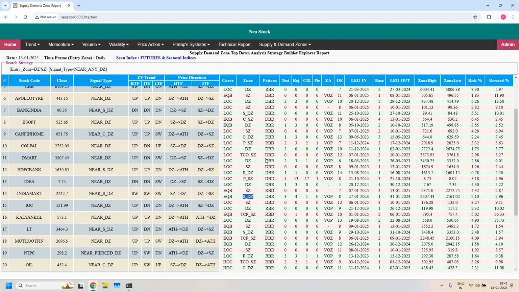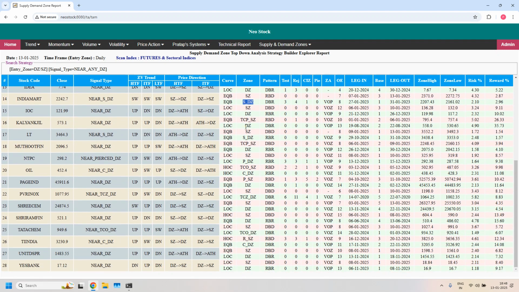I am scrolling the list down. Next, L&T. Next, OIL. Next, TI India. So we have identified 8 high liquidity daily demand zones from this list. 8 zones. Okay.